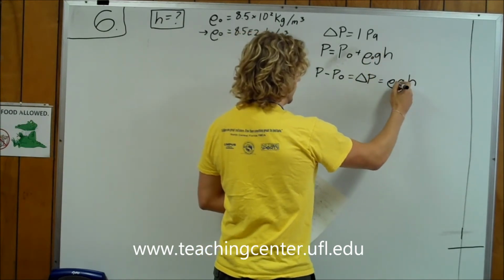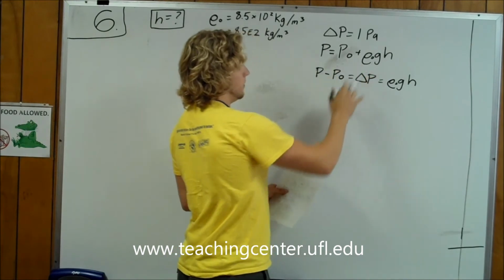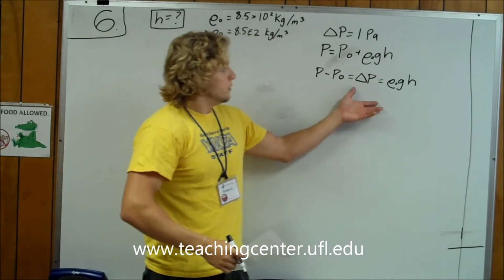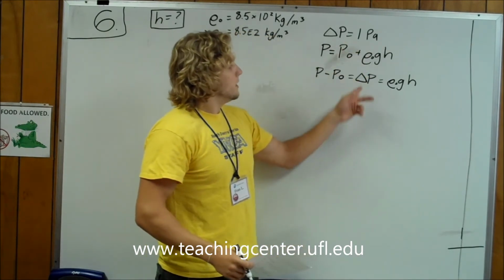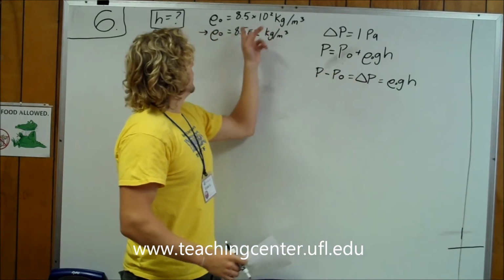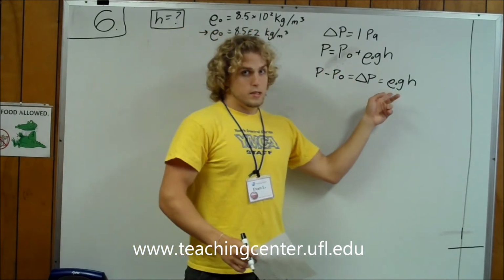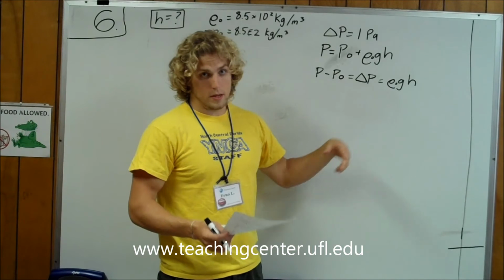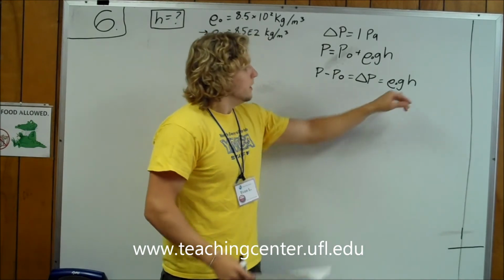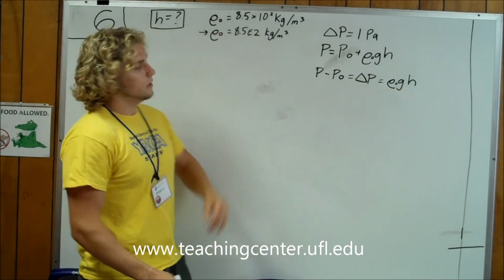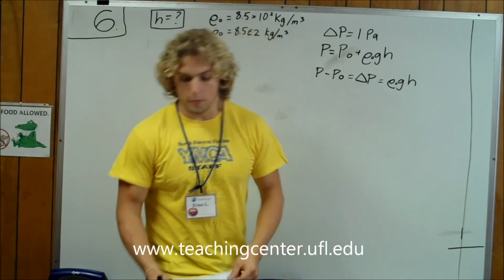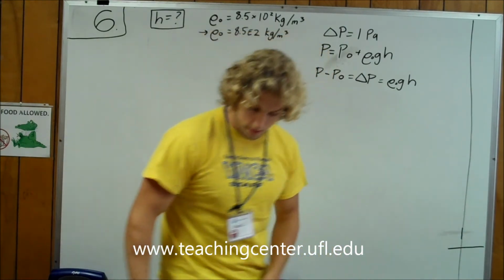Rho of the oil, not of water. So, now, we have 1 pascal, we have rho of oil, we know what G is, because we're on Earth, so it's 9.8 meters per second squared, and we're looking for H. It's kind of a plug and chug equation from here.